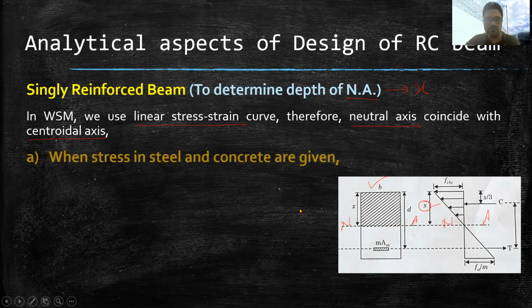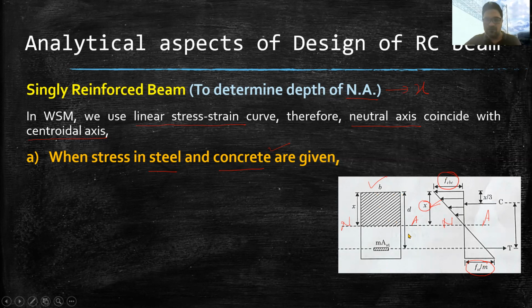The first way is when the stress in steel and in concrete is given. Stress in steel will be fst by m and stress in concrete will be fcbc. When these two parameters are given, how do we find out this x value?